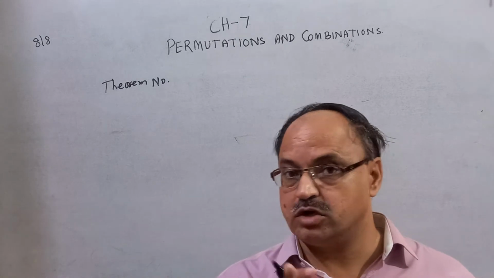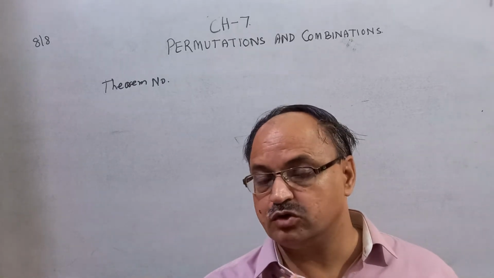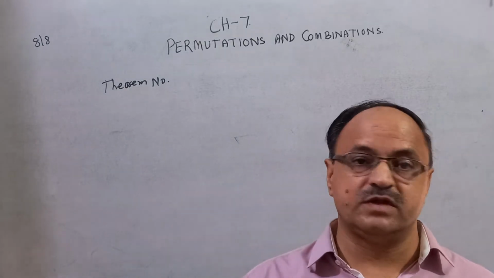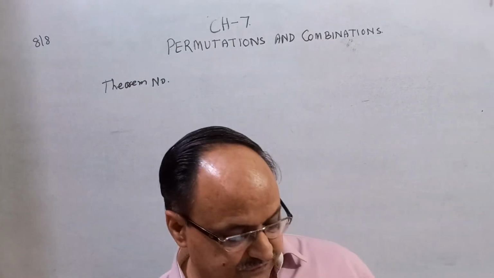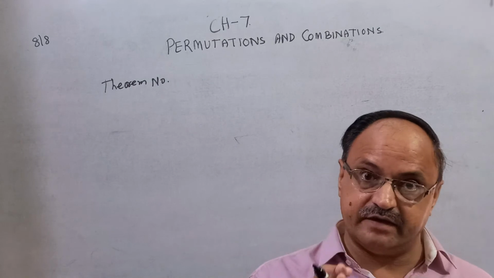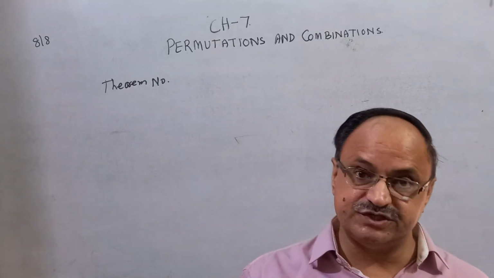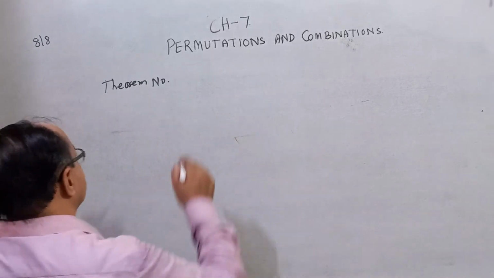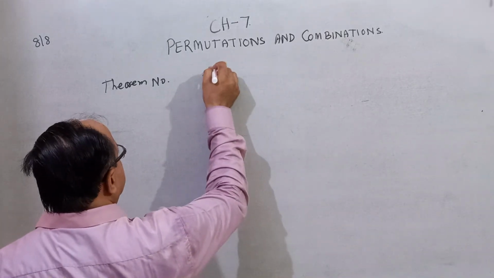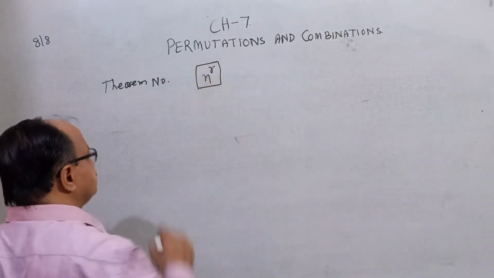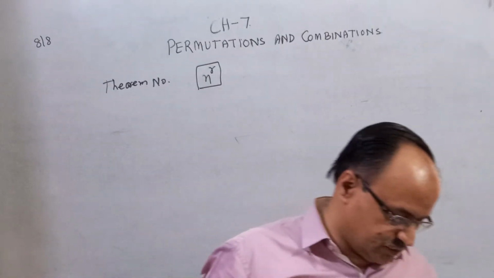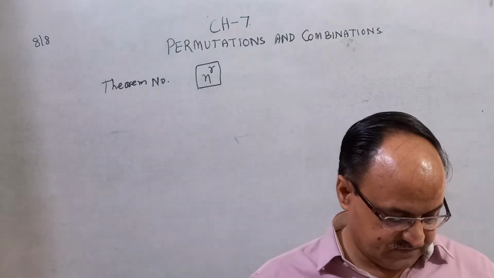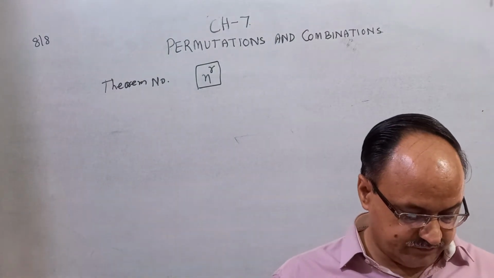In the previous theorem, repetition was not allowed because all the objects are distinct. But in this, repetition is allowed. The formula for this theorem is n to the power r, taking r at a time from a total of n objects. This is theorem number 2.